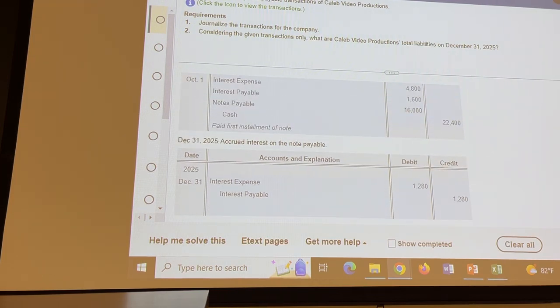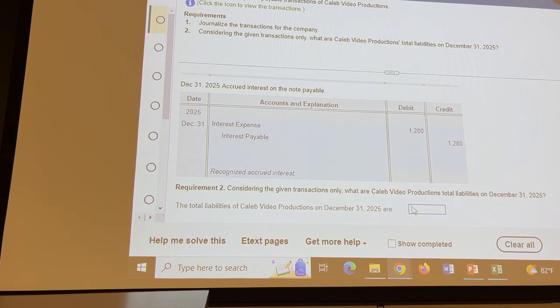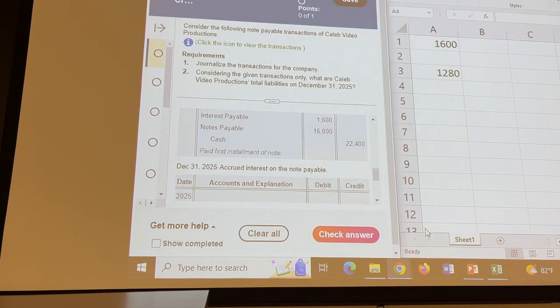This is a little bit tricky. So we said what's left of the note is $64,000. It was $80,000, but we paid off $16,000.